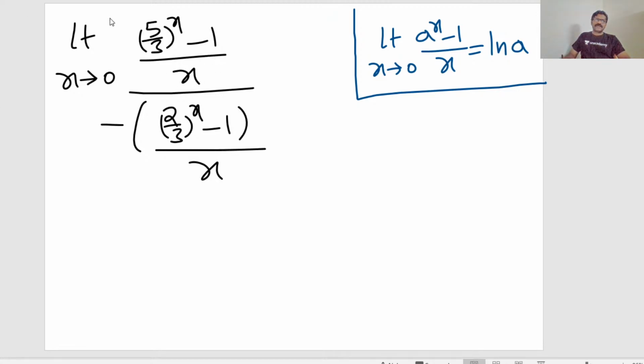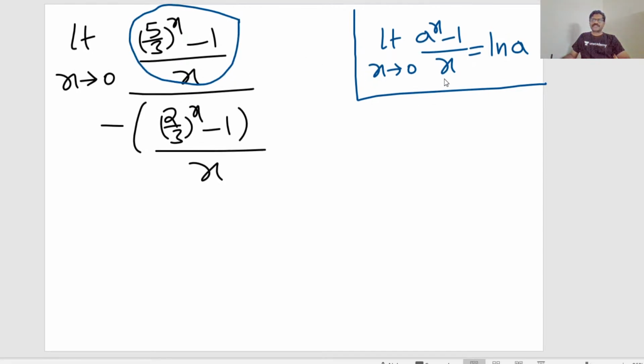Now, this is in the form of (a power x minus 1) by x, x tends to 0. So, numerator is log 5 by 3.